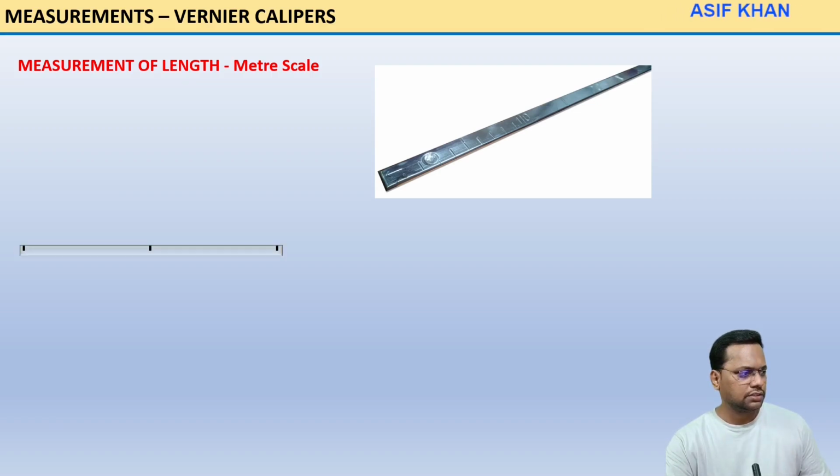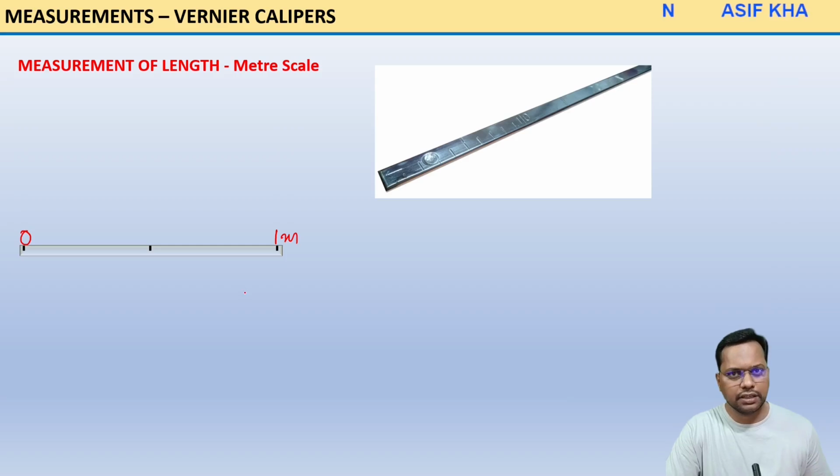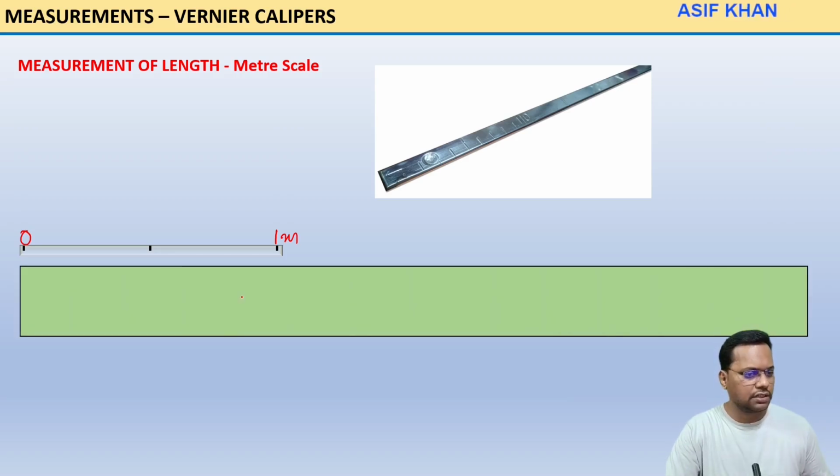This is the 1 meter scale, and only 2 divisions are shown. It starts with 0 and here it is 1 meter. To measure the length of the cloth, say there is a cloth shown here in green color. So he repeats the scale along the length of the cloth.